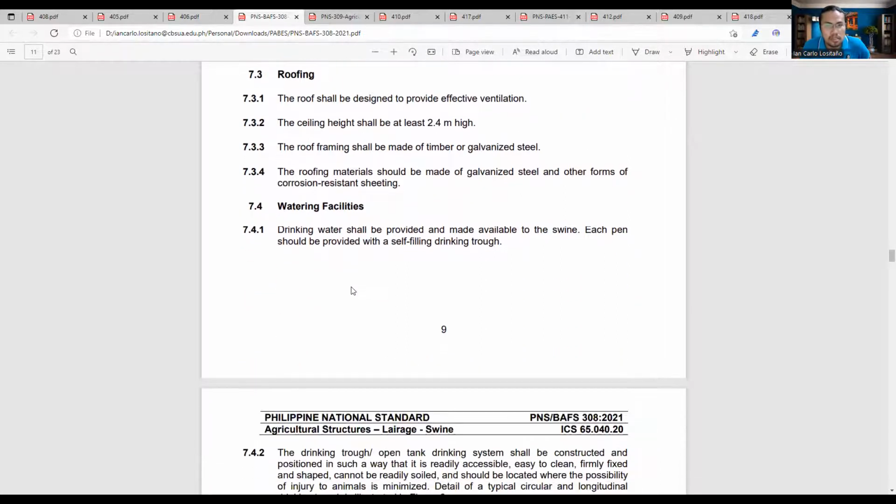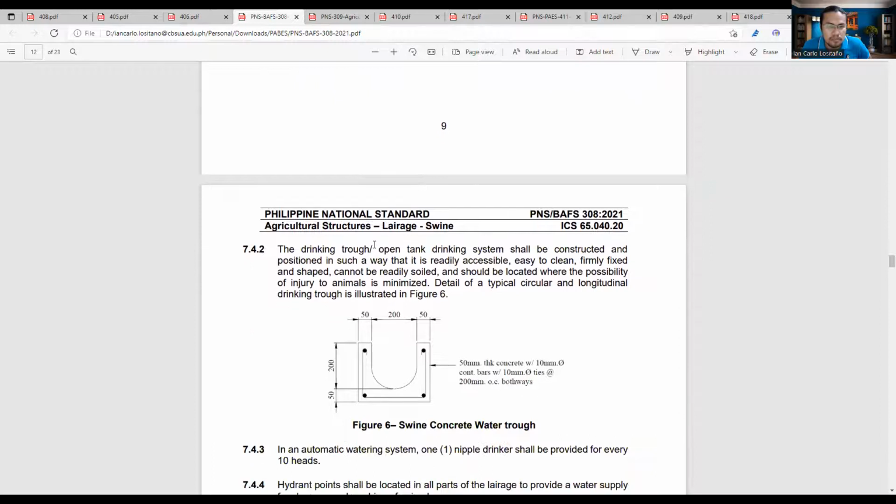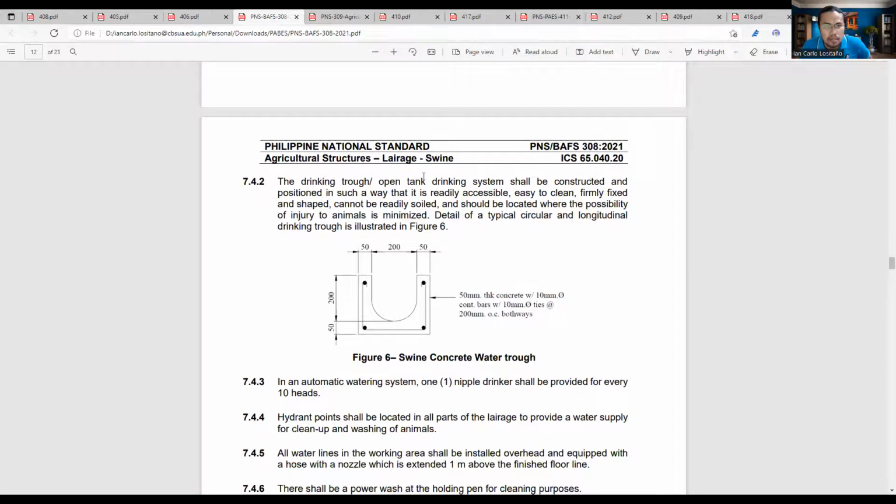Watering facilities: this is to avoid stress in the animals. Okay. Drinking trough or open tank drinking system shall be constructed and positioned in such a way that it is accessible, easy to clean, and firmly fixed and shaped, cannot be readily soiled, and should be located where the possibility of injury to animals is minimized.